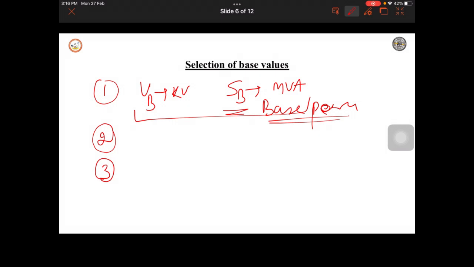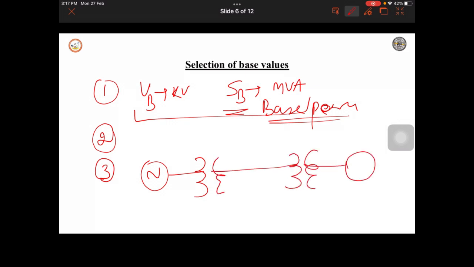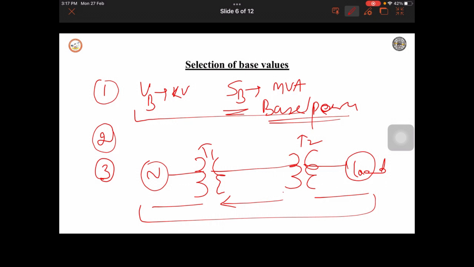Suppose in a power system you have two transformers, then the whole power system is divided into three parts. Example, if you consider this power system, this is the load. If we have two transformers T1 and T2, it separates into three parts. See here, this is one part, electrically separated, this is second part, this is third.